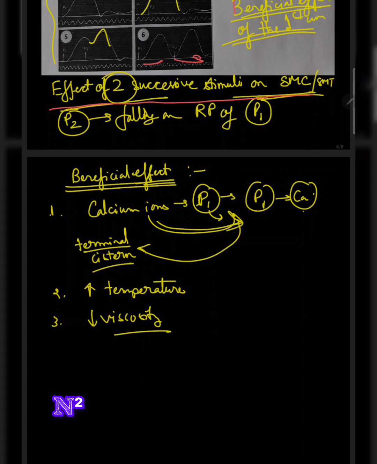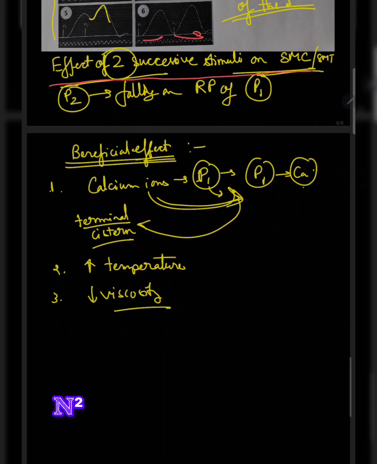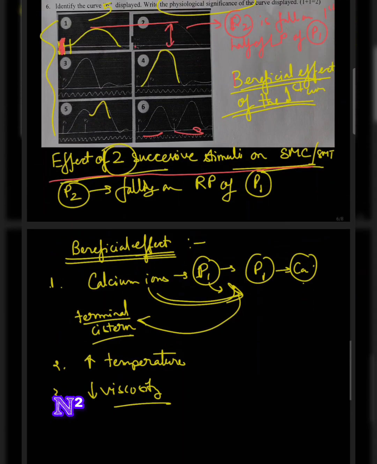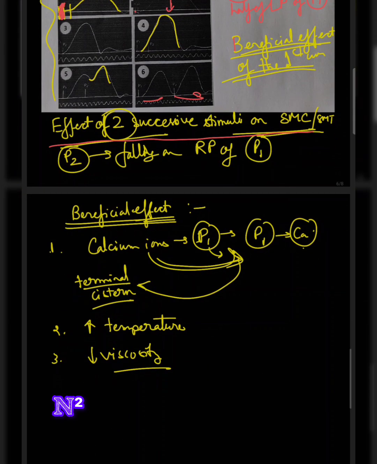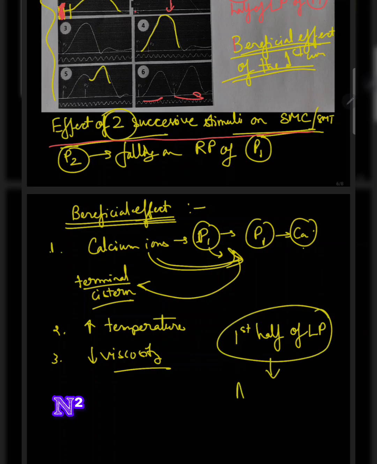All these factors lead to an increase in the amplitude of the second curve, provided you give the second stimulation after the first half of the latent period, because the first half of the latent period is the absolutely refractory period, so no response will be generated.